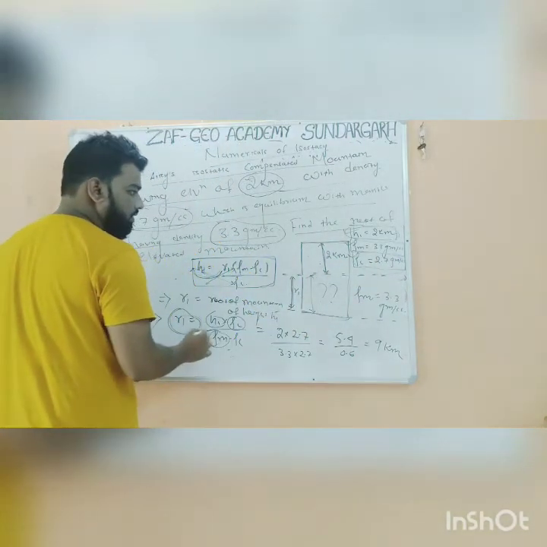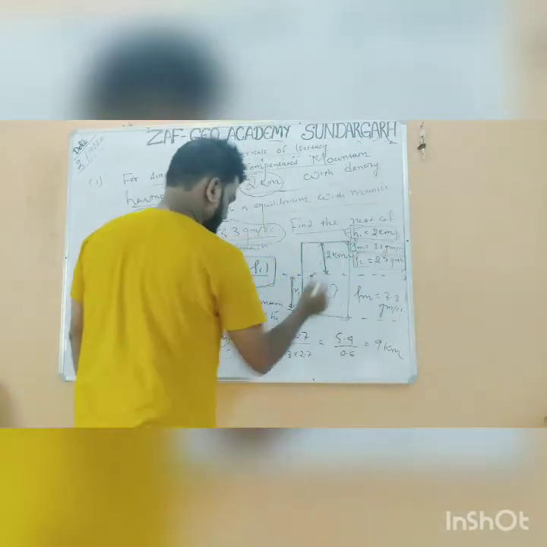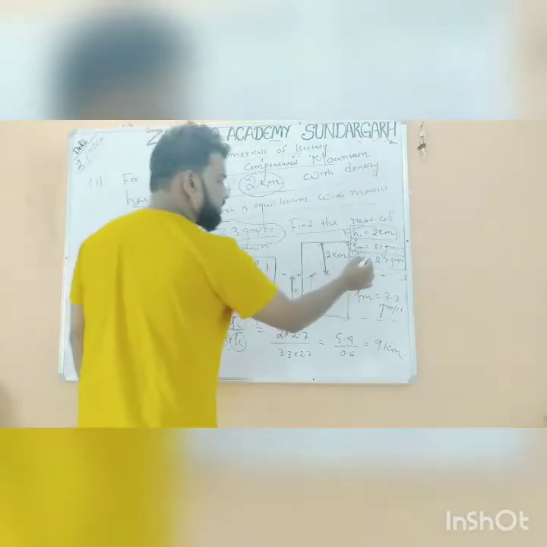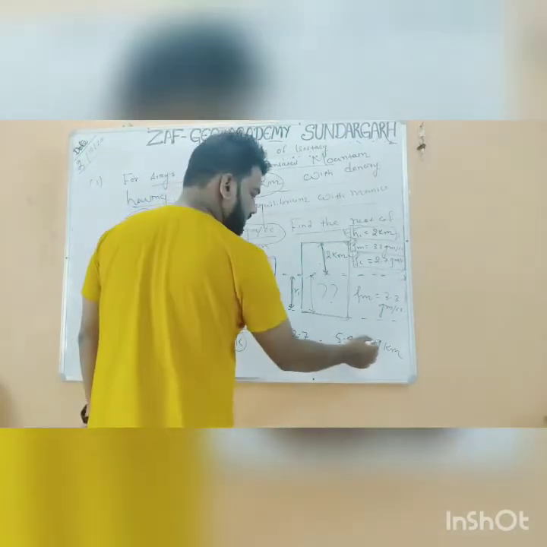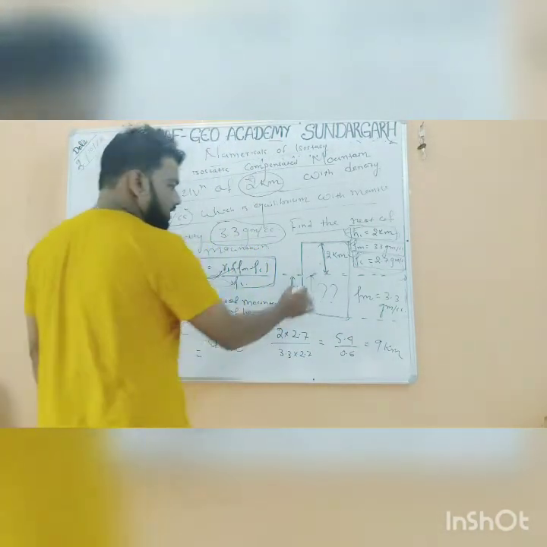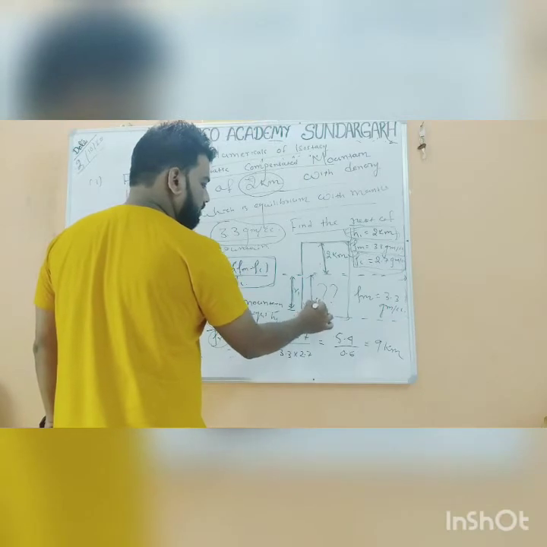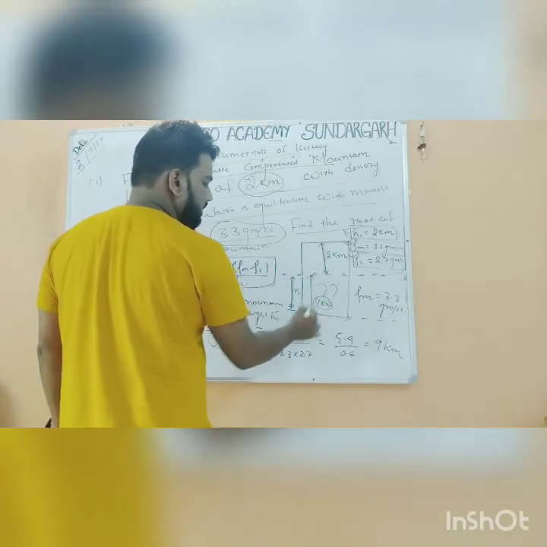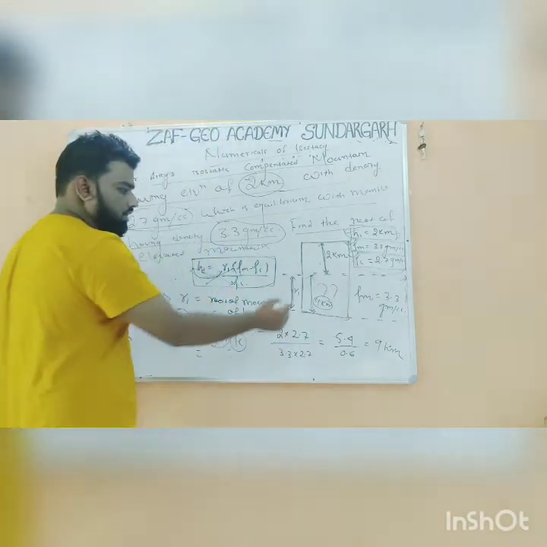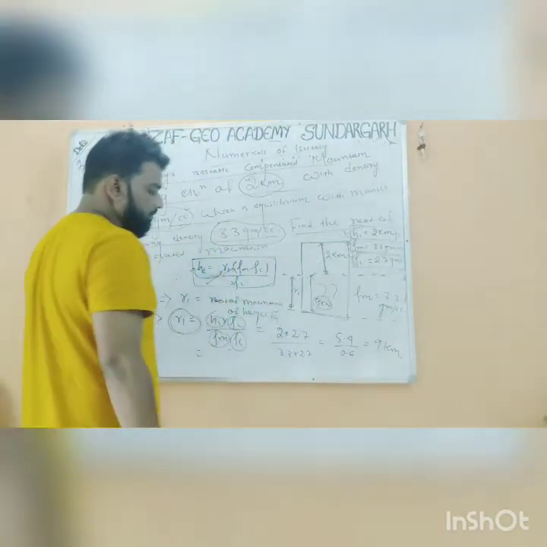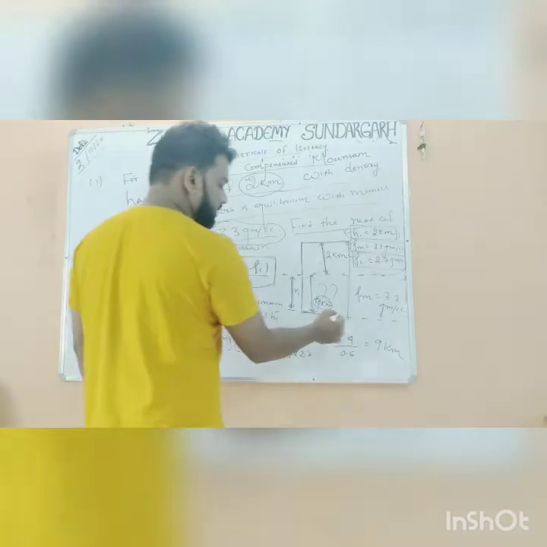On putting all the values, we finally get the answer 9 km. So if the mountain is elevated 2 km, then in depth it has 9 km. So our answer will be 9 km.